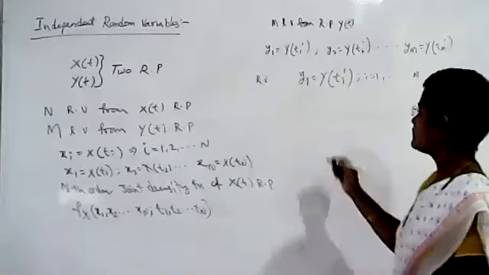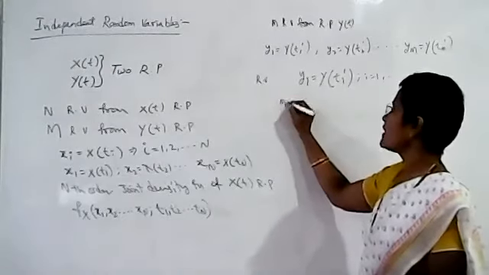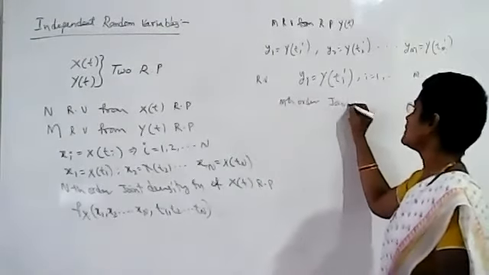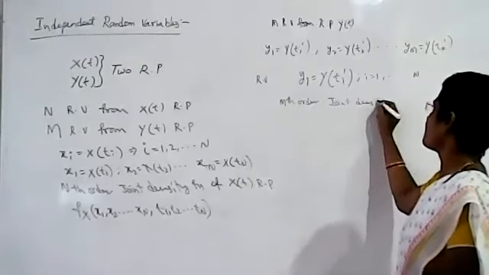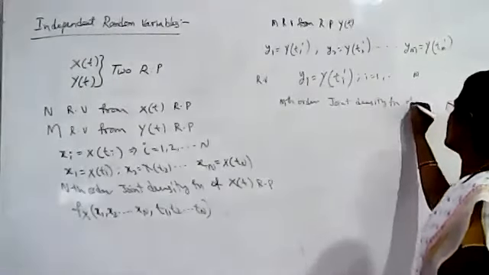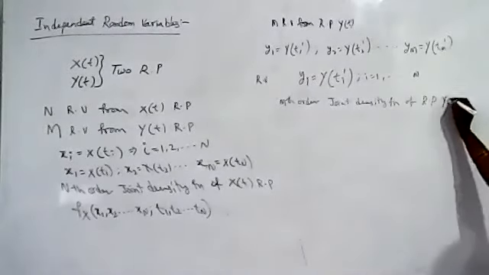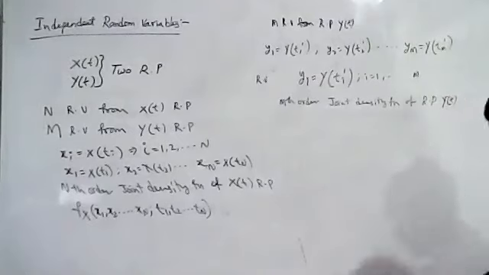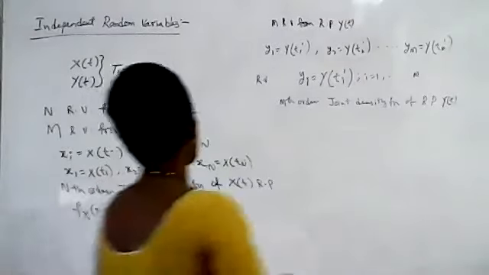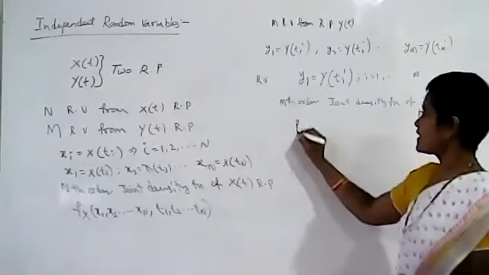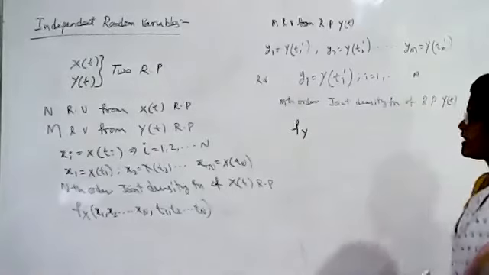Now, the joint density function of the random process Y(t) is given like this: f_Y.